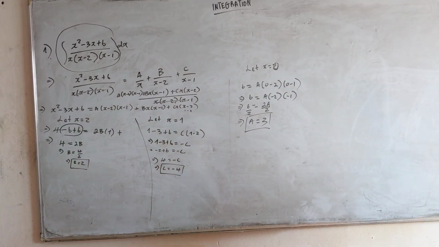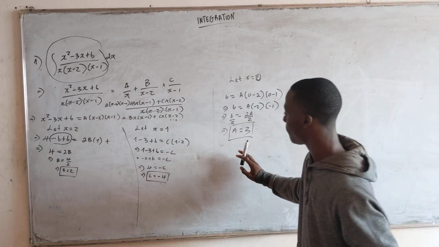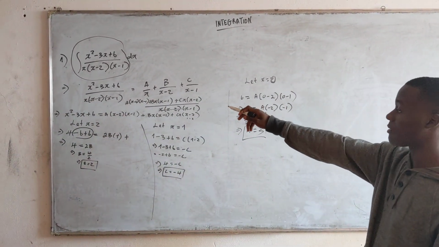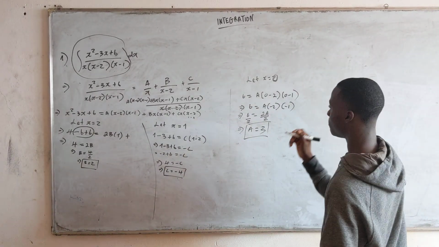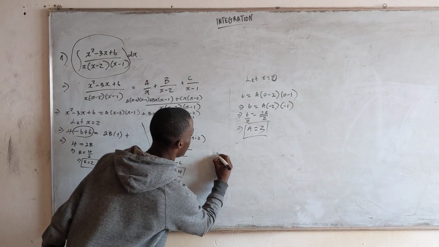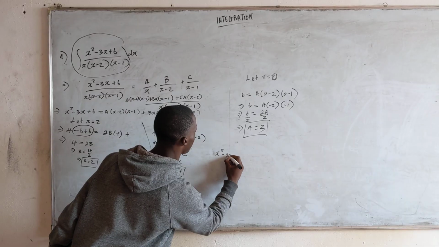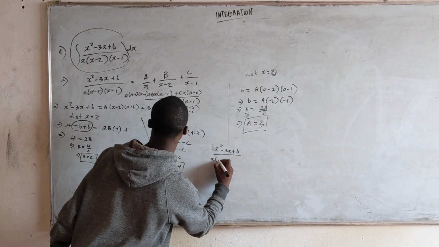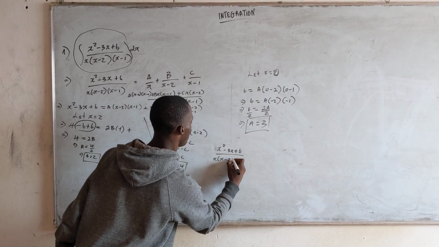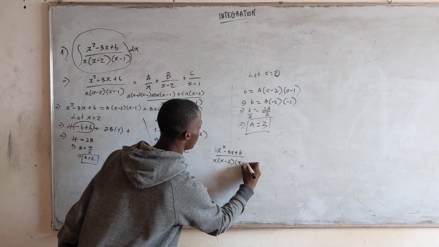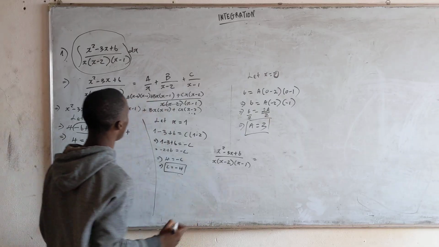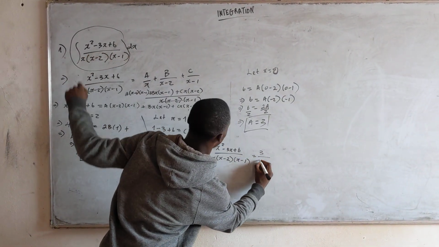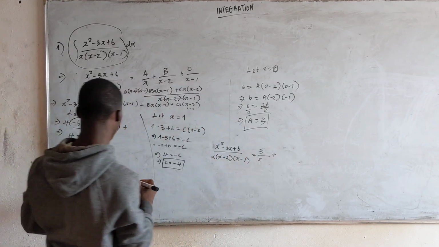Okay, now we already have the values of a, b, and c. Now we are going to integrate our result. Let me first of all write it back here. This implies x squared minus 3x plus 6 all over x into x minus 2 into x minus 1 equals a, which is 3 all over x, plus, what is our b?